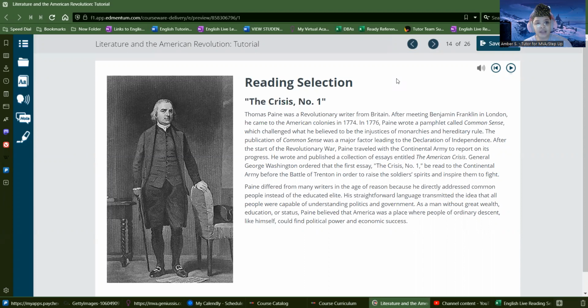It's always important to review the history on a piece of writing because the issues that happened at the time or that were important to people who were alive at the time are entirely the reason why some things get written. So when they give you background information, sometimes you can make guesses on things that will be in the text or what the text will be about based on what's going on in the information here.